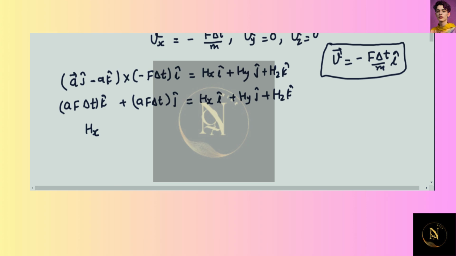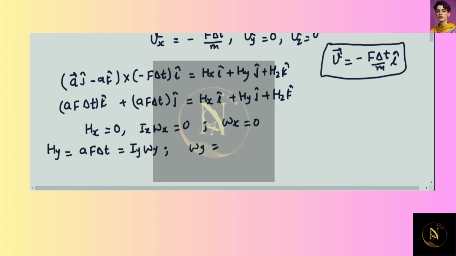So Hx i cap plus Hy j cap plus Hz k cap. So angular momentum along x direction is 0. So Ix omega x is 0, that is, angular velocity about the x direction is 0. Angular momentum along y direction is aF delta t, that is Iy omega y. So angular velocity along the y-axis is aF delta t upon Iy.